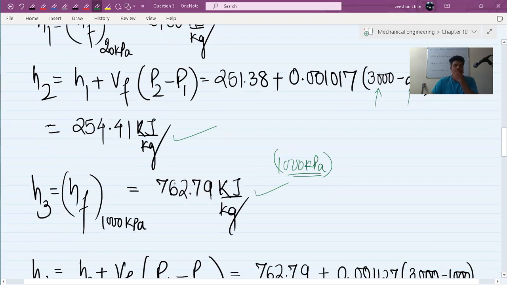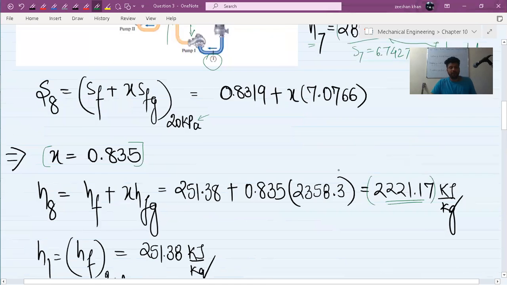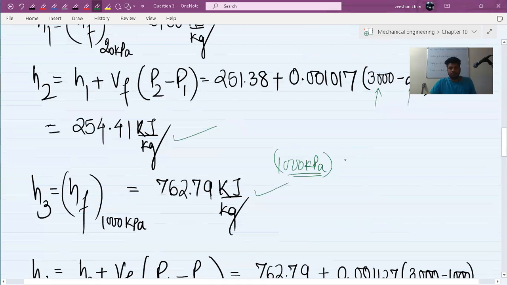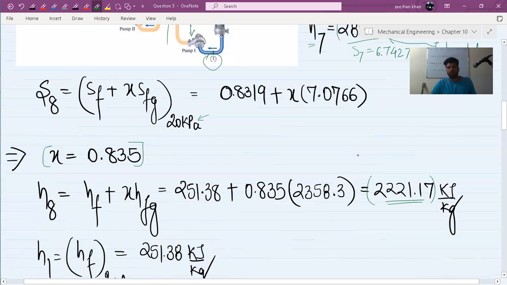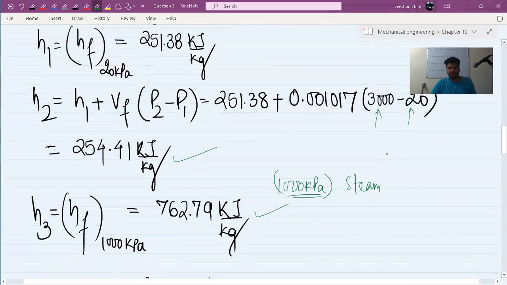Also, just know that this is an ideal regenerative Rankine cycle. So the steam coming out from the closed water heater is going to be saturated liquid.